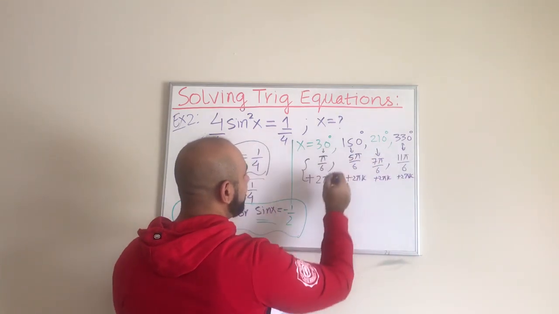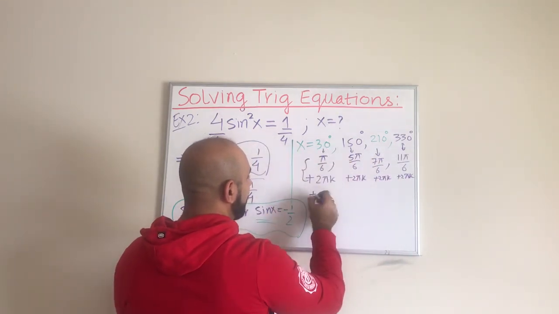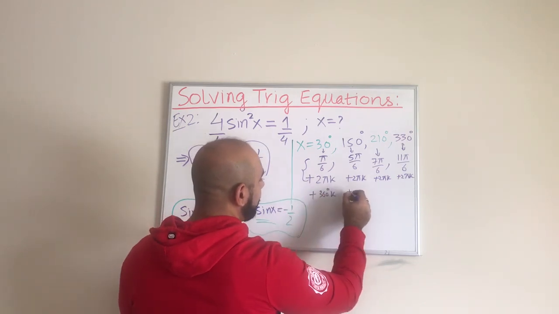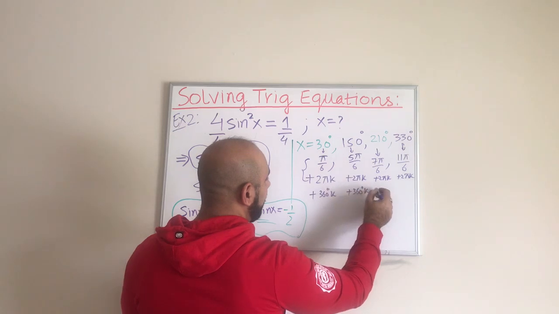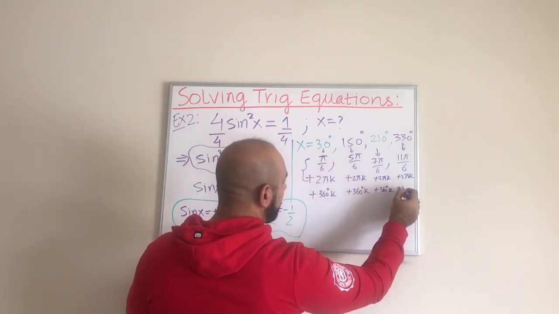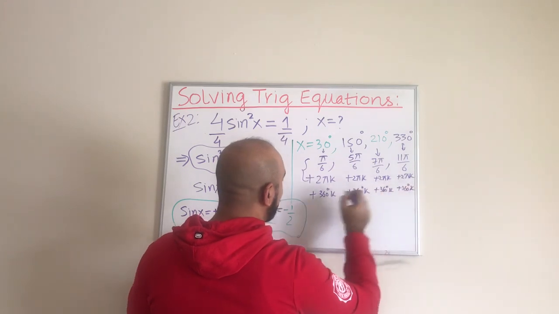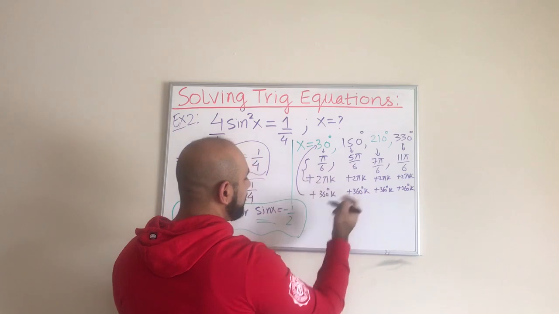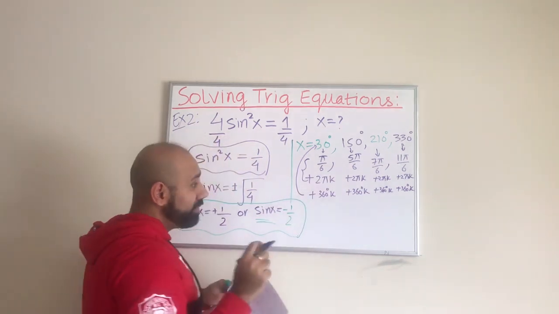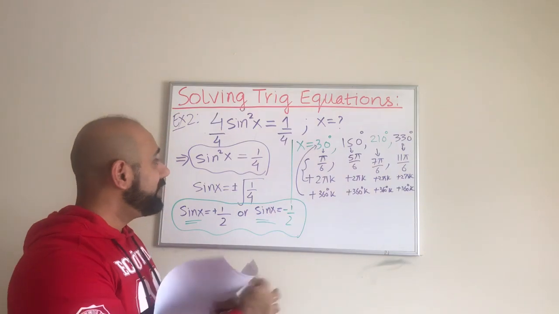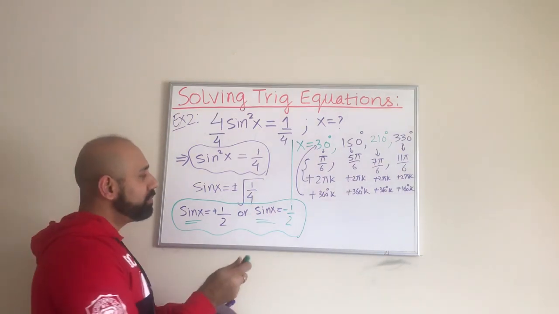If we are using only degrees, then it would be plus 360 degrees k, and 360 degrees k, plus 360 degrees k, same thing, plus 360 degrees k, because we know 2 pi radians is 360.